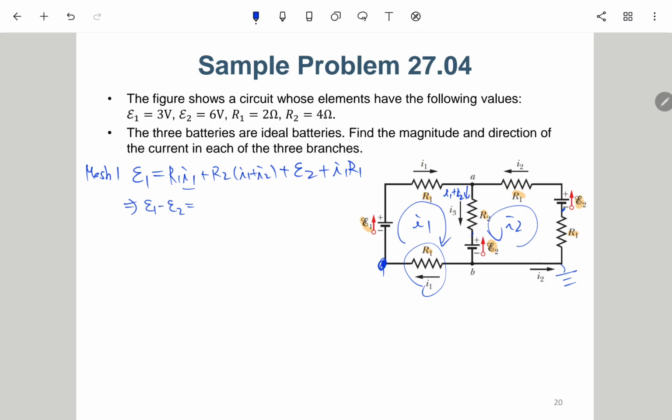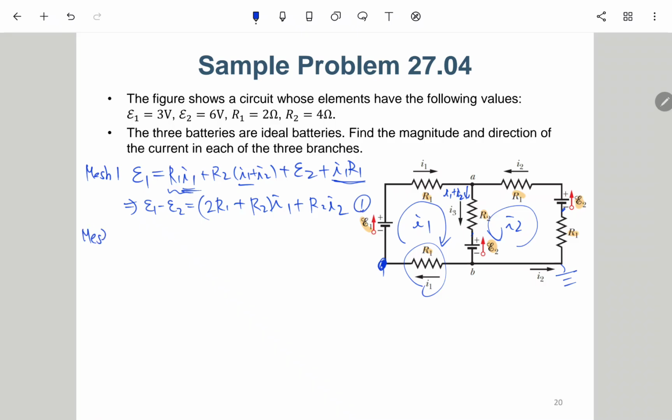Altogether we have 2R1 I1, plus R2 I1. So altogether it is 2R1 plus R2, all multiplied by I1, and then plus R2 I2. So this will be the first equation.